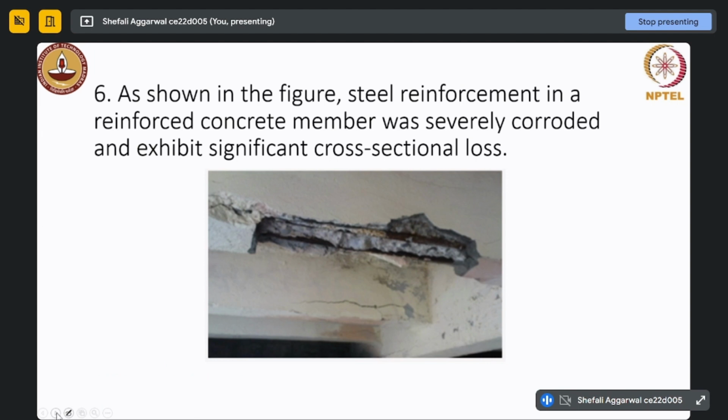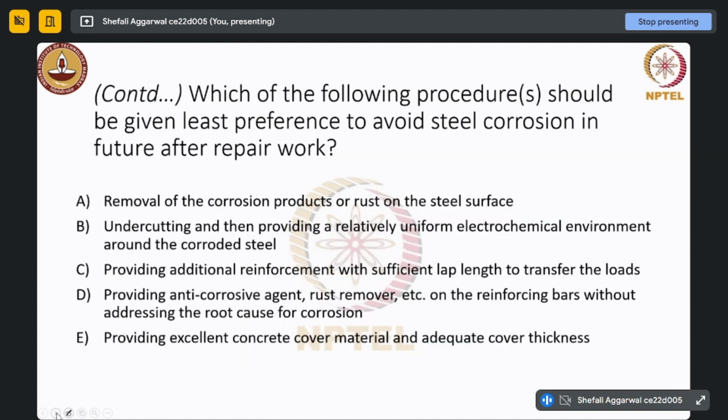Next question. As shown in the figure, steel reinforcement in the reinforced concrete members was severely corroded and exhibits significant cross-sectional loss. Which of the following procedures should be given least preference to avoid steel corrosion in future after repair work?